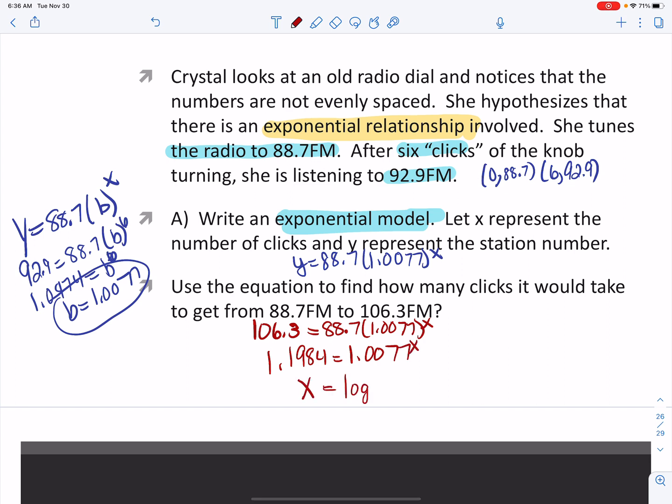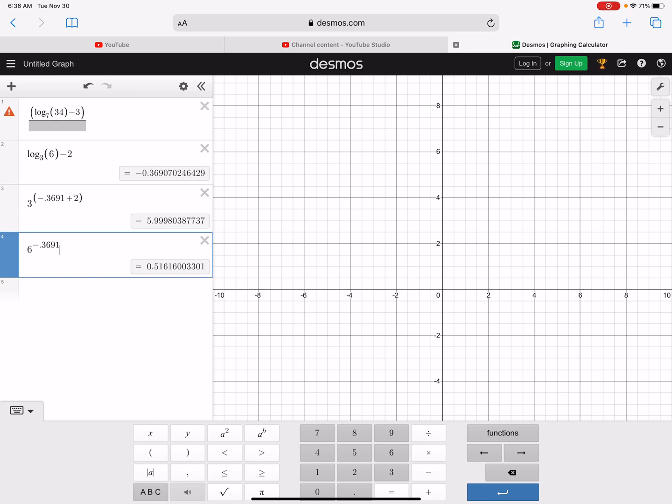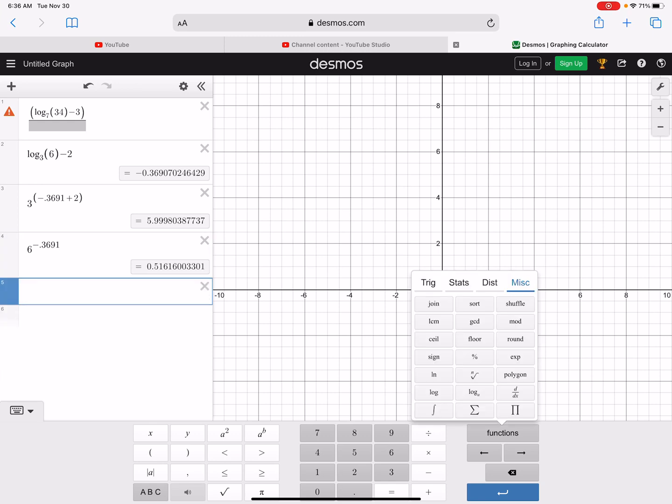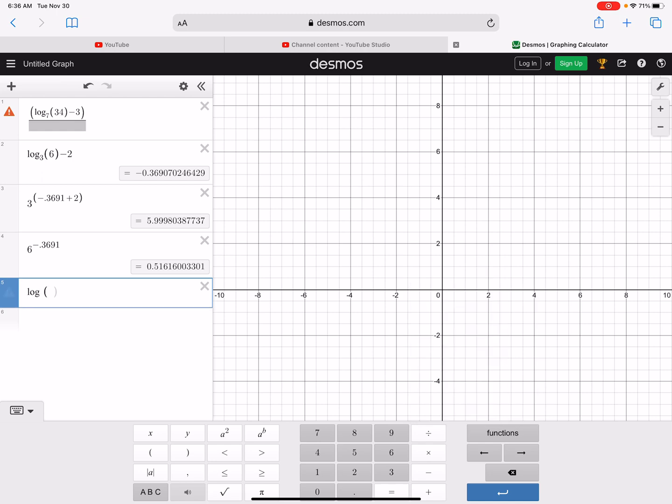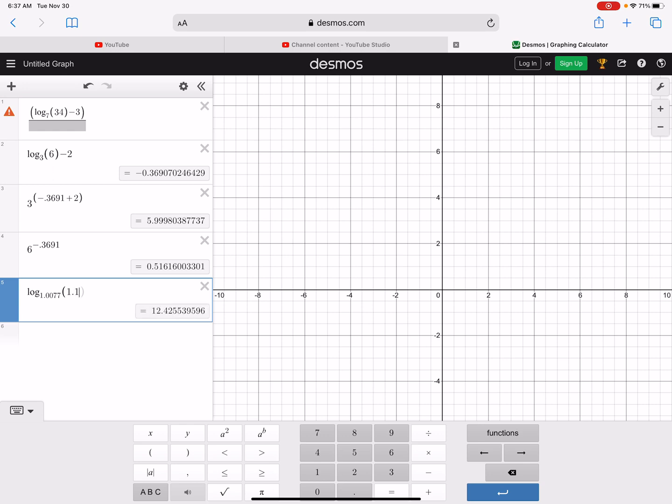That's going to be the log base 1.0077 of 1.1984. So log base 1.0077 of 1.1984. And the answer is 23.59 clicks.